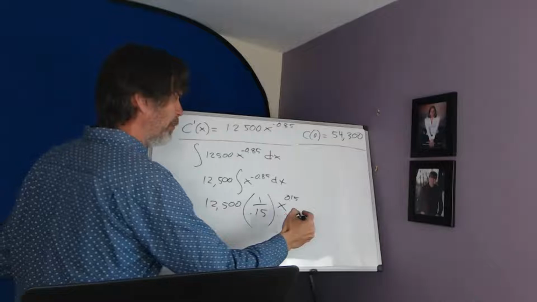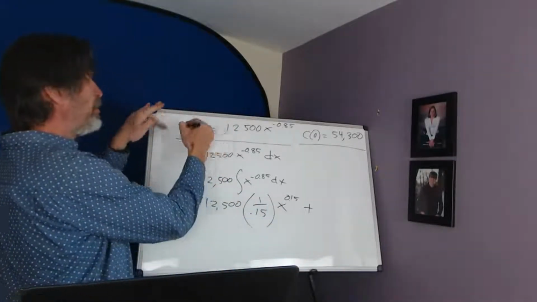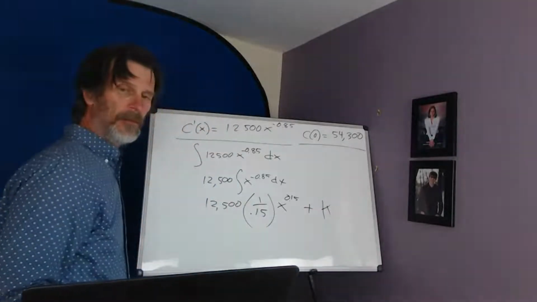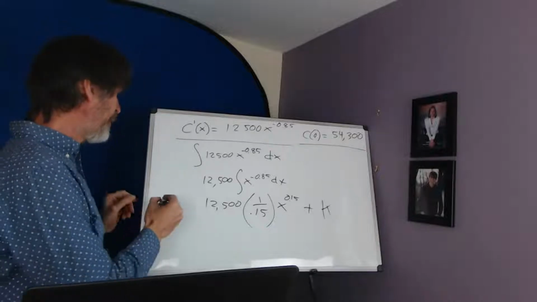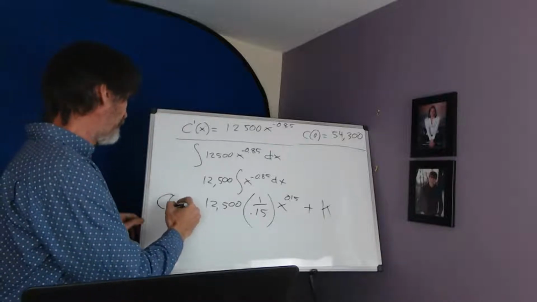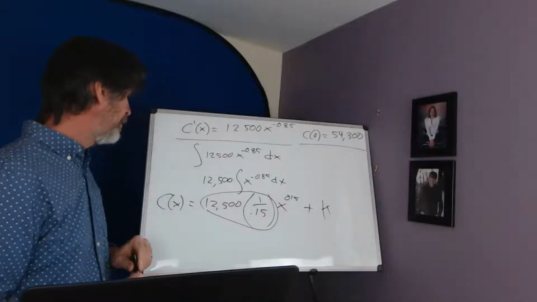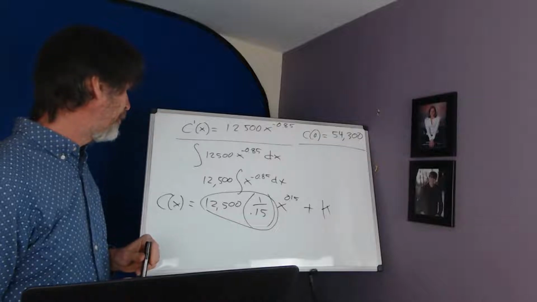And one more time, I didn't bring a calculator with me. Now I could put a plus c back here, but since we're using c, I'm going to use a different letter. I'm going to use k for my constant. So here's my cost function, c of x. Someone with a calculator do that, 12,500 divided by 0.15. That'll make it quite a bit bigger.